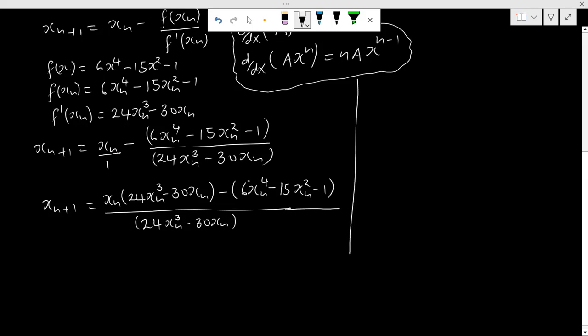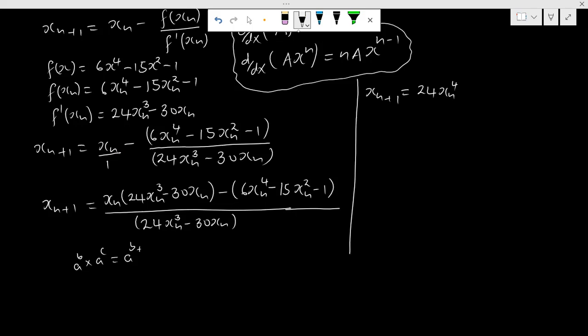x_{n+1} equals 24x_n^4. When you open up the bracket, x_n and x_n^3, we say that in indices, if you have a^b times a^c, it is equal to a^(b+c).